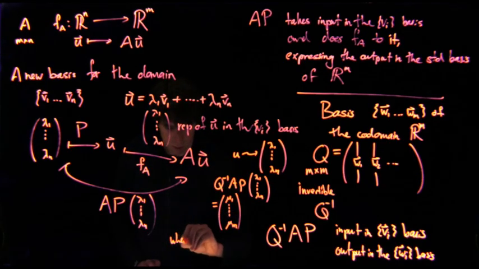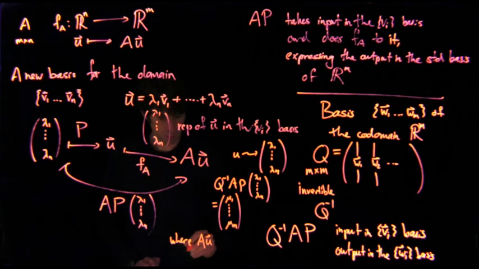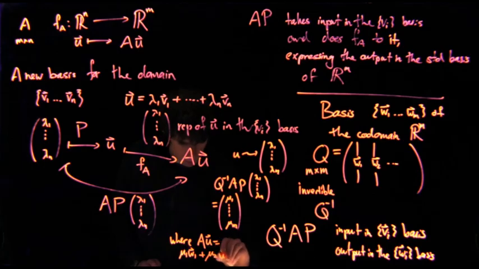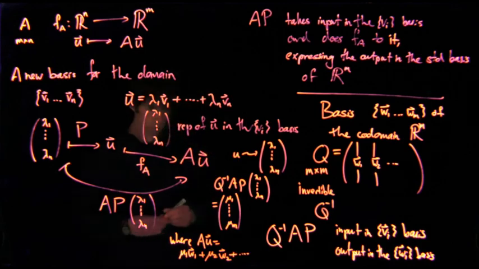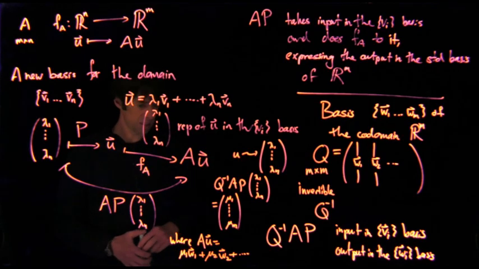where A times my original vector u is equal to mu1 times w1 plus mu2 times the second basis vector in the w basis, and so on. So this is what I mean to express the output in the w basis.